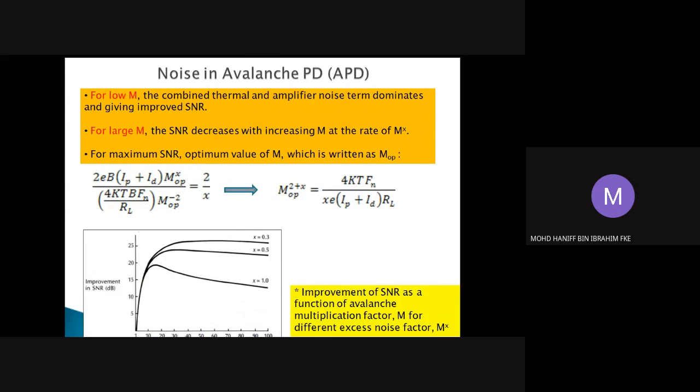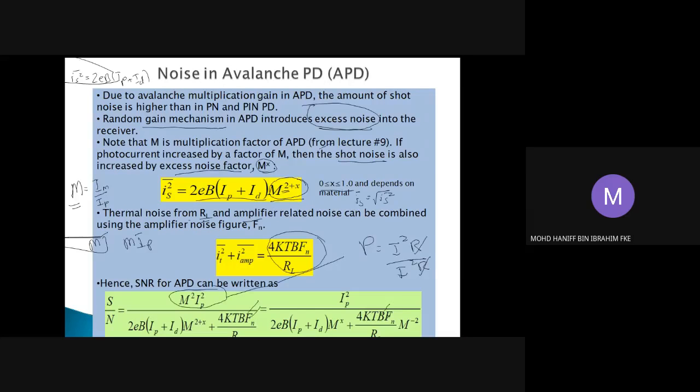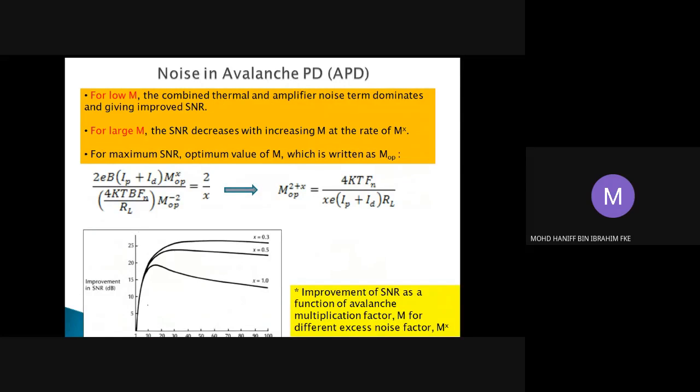From the equations that we have seen just now, the bottom equation there, we can see that there are two possibilities. The first one is if you are having a low M value, a low multiplication factor, the combined thermal and amplifier noise term will dominate.